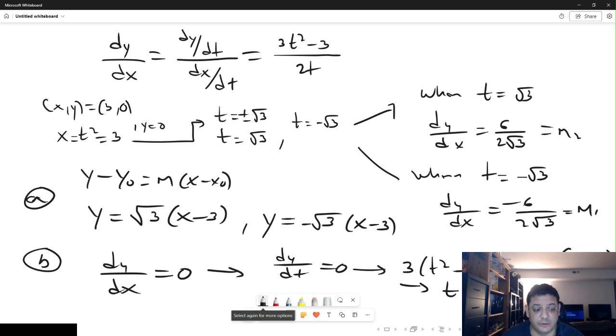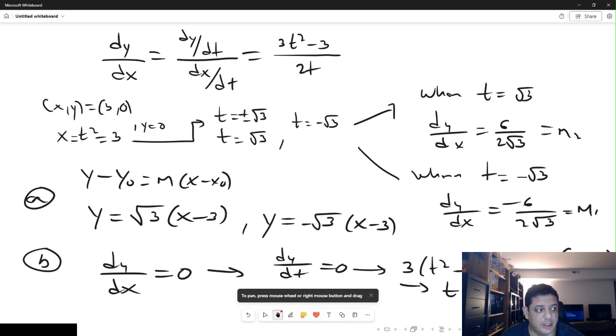Remember x being t squared, that's why with t equals 1 and t equals minus 1, this gets me 1 in both cases, and finally it gets me -2 and 2. So those are the two different points where the tangent is going to be horizontal.